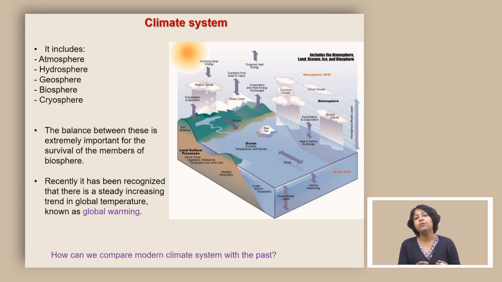Now, all of these spheres are connected through processes, and all these finally contribute to the climate system. And the balance between these is extremely important for the survival of the members of the biosphere. As a result, we are always concerned about the climate system.